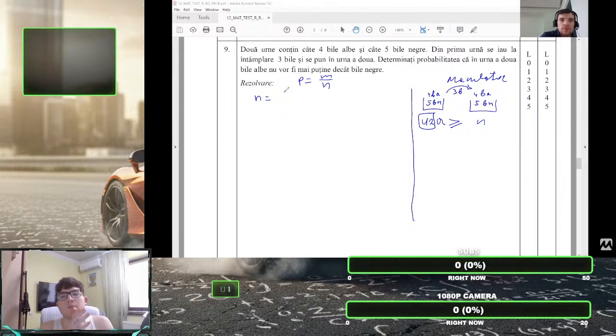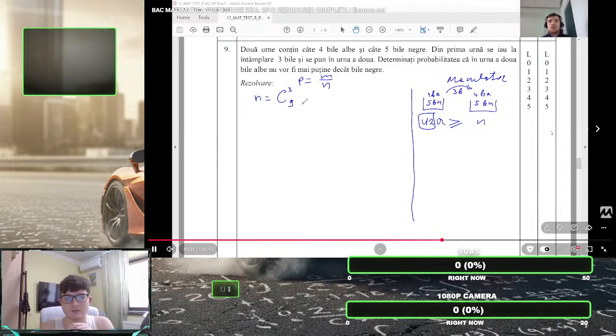how do we calculate the total number of cases first? To calculate the total number of cases, what do we do? Basically, how do you do this, man? First time I see this kind of crap.